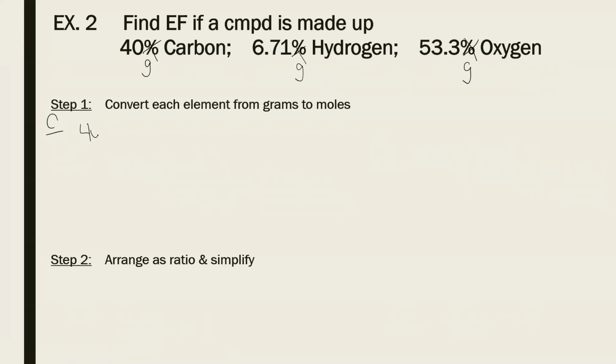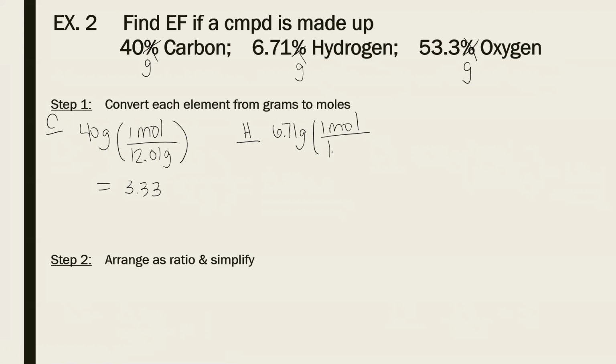So 40 grams of carbon times 1 mole divided by the atomic mass of carbon. Do not overround those. And I get 3.33 for hydrogen, 6.71 times 1 mole divided by the atomic mass of hydrogen.